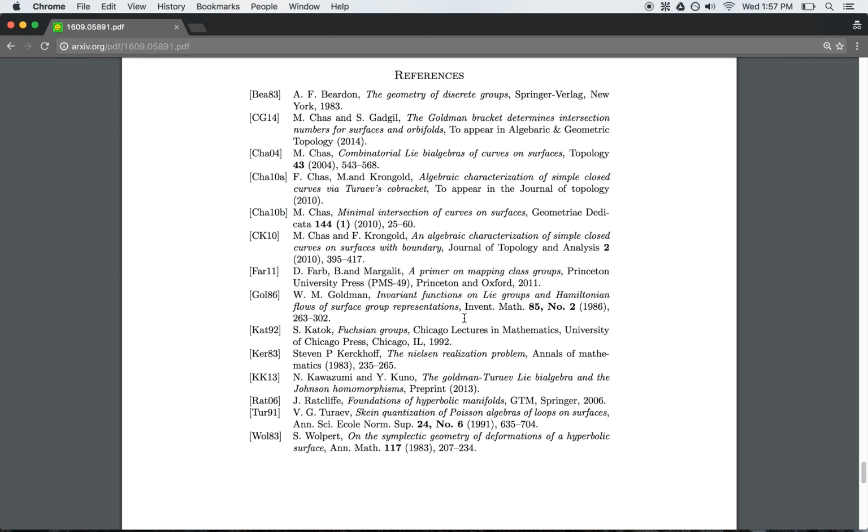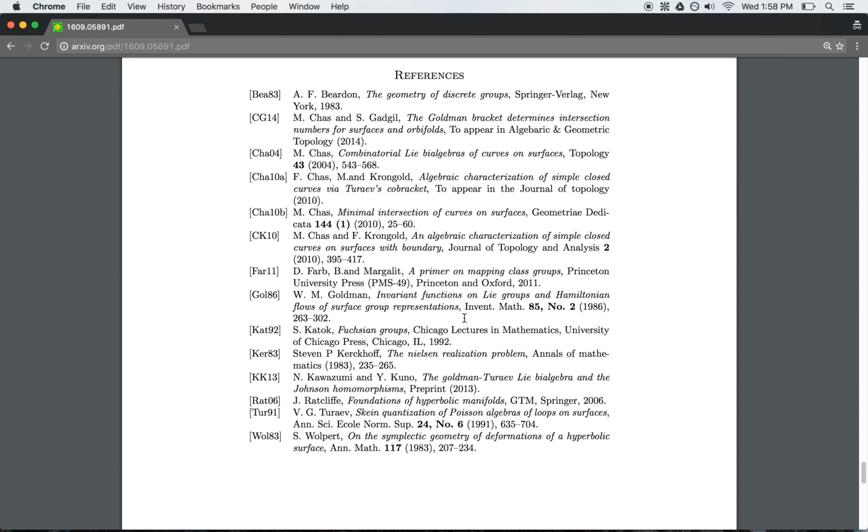Chas and Krongold, Algebraic Characterization of Simple Closed Curves via Turaev's Cobracket, 2010. Minimal Intersection of Curves on Surfaces, Chas, 2010. Chas and Krongold, An Algebraic Characterization of Simple Closed Curves on Surfaces with Boundary, 2010. A Primer on Mapping Class Groups, Farb and Margalit, 2011.